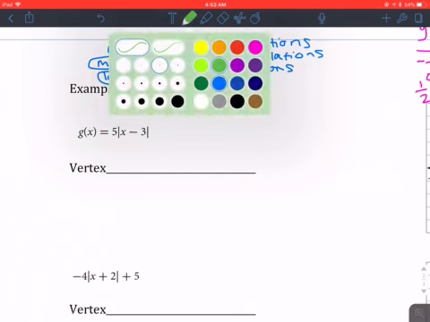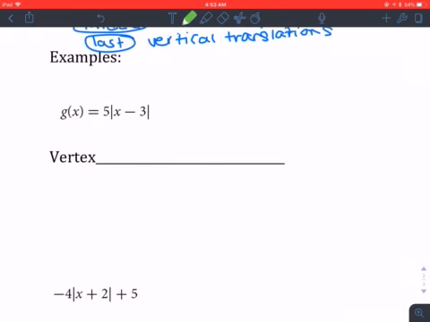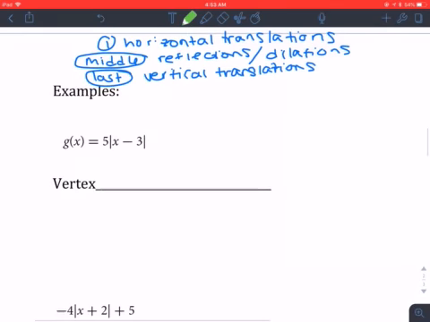Okay, so in this first example, the first thing we're going to do is our horizontal translation. So this -3. And that tells me I'm shifting right 3. Okay, then we can do this 5, which is outside of the function, so it's a vertical.